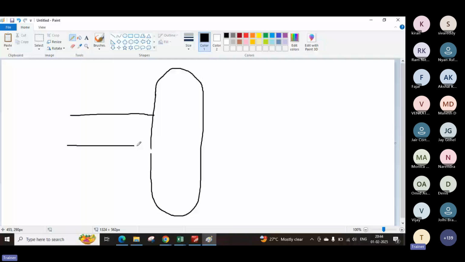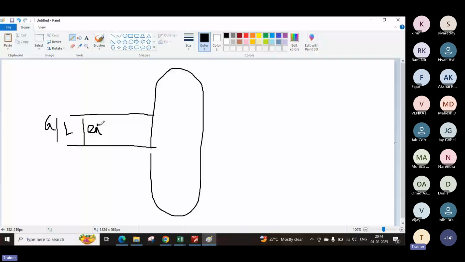Our initial assumption is that both gas and liquid are flowing with the same velocity. This is at equilibrium. At any time, the feed is at its equilibrium.